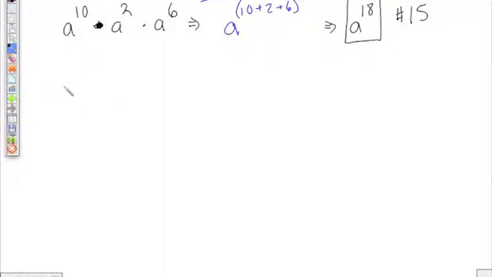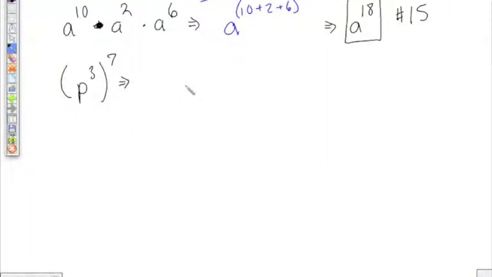Now, if we looked at the next problem, we would have our variable, or our base number, to the exponent of 3, but then it's to another power of 7. Before we jump into exactly what the answer is, and before we jump into the shortcut, what's the long cut here?